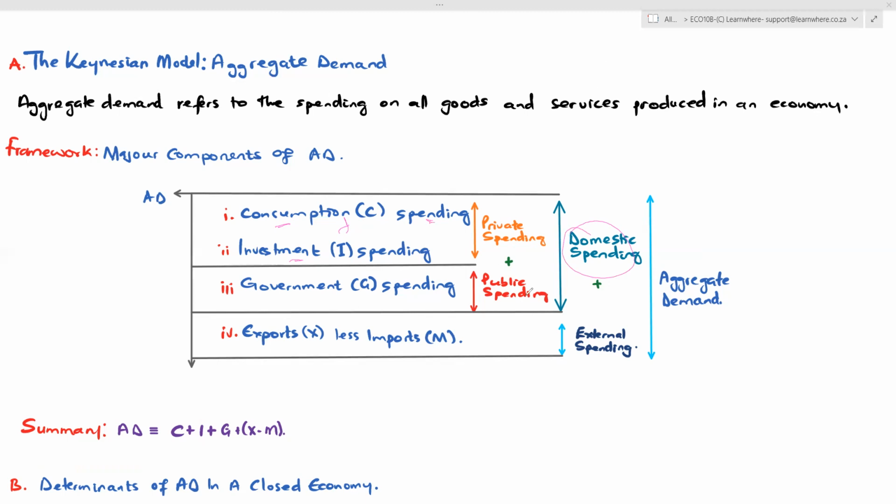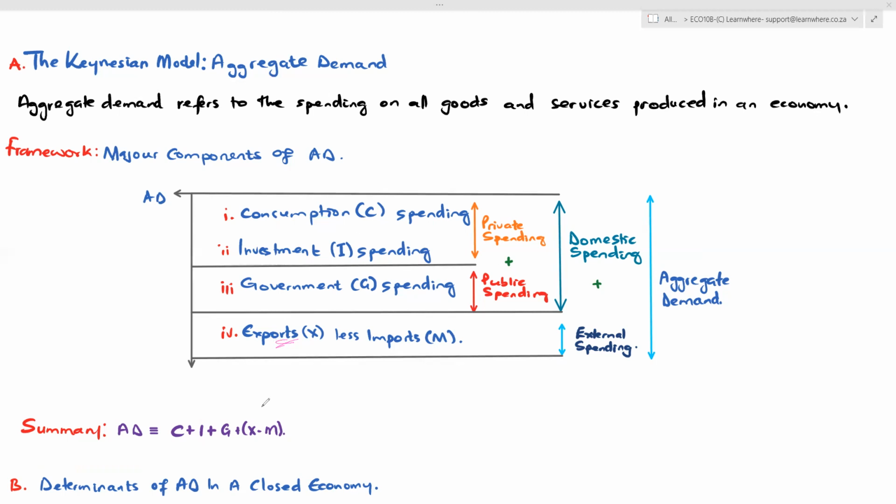But we know that when you produce goods and services in a country, not all those goods and services are going to be consumed in the country. Some of the goods and services are exported or sold to other countries, and those are known as exports. So we produce something in South Africa, but what we produce is not going to be consumed entirely in South Africa.